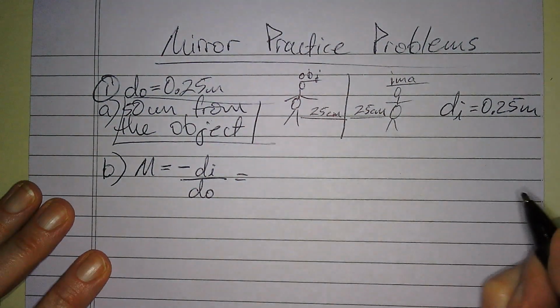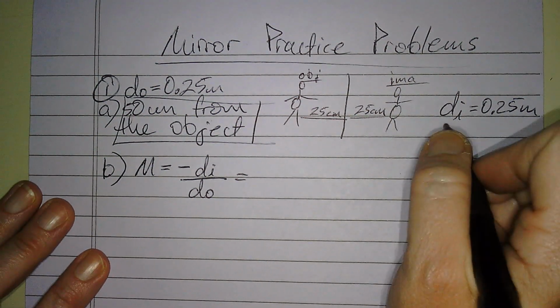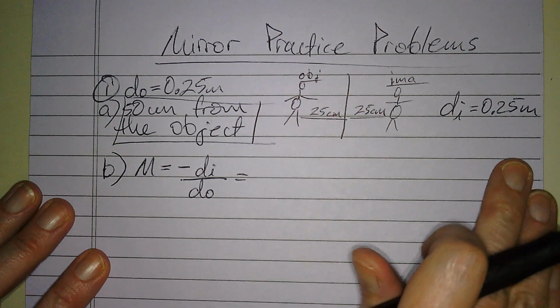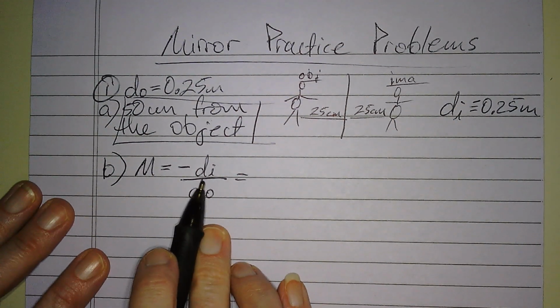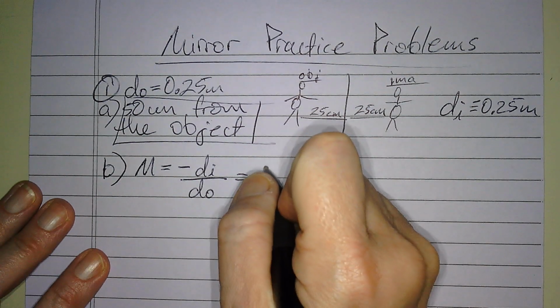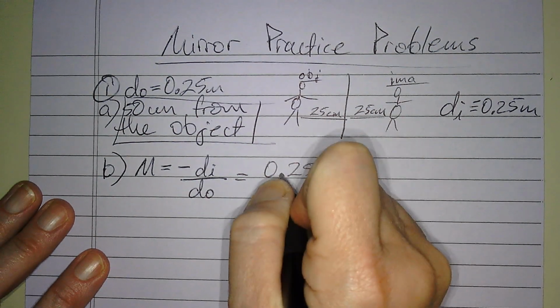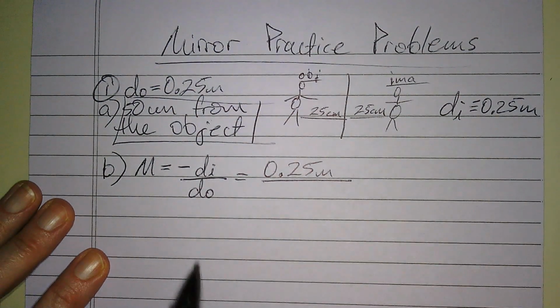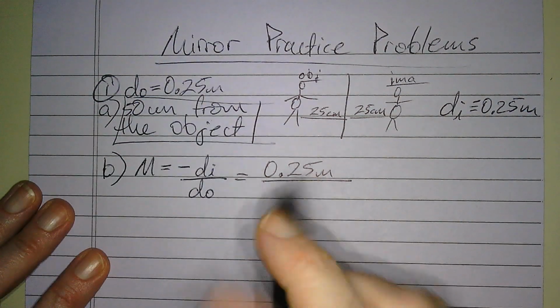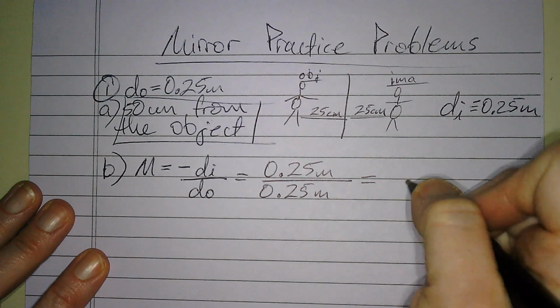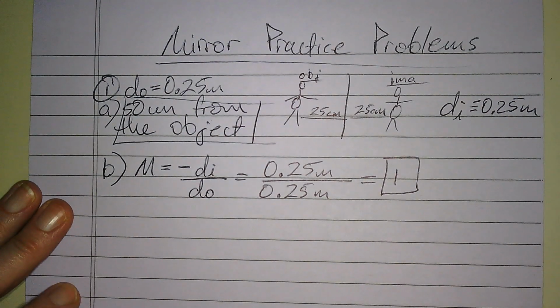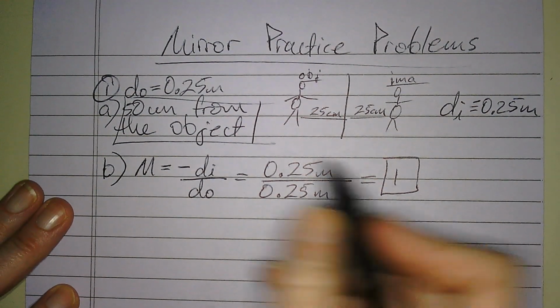The DI is behind the mirror, so it's negative. So negative of a negative is a positive. So then that's 0.25 meters divided by the DO, which is 0.25 meters, which equals 1. So the magnification is equal to 1.